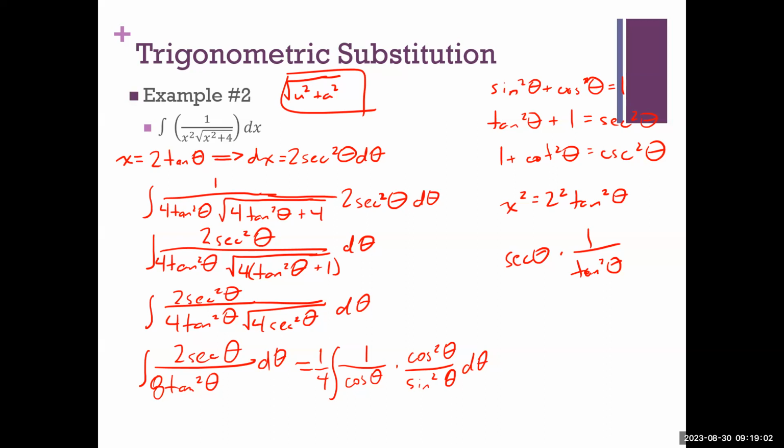So now that I have this thing in terms of sines and cosines, I lose a power of cosine here. And I have 1/4 times the integral of cosine theta over sine squared theta d theta.